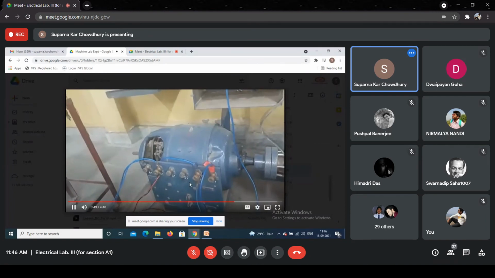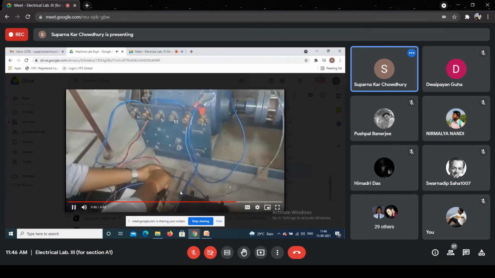He is connecting the voltmeter to the motor armature terminal.